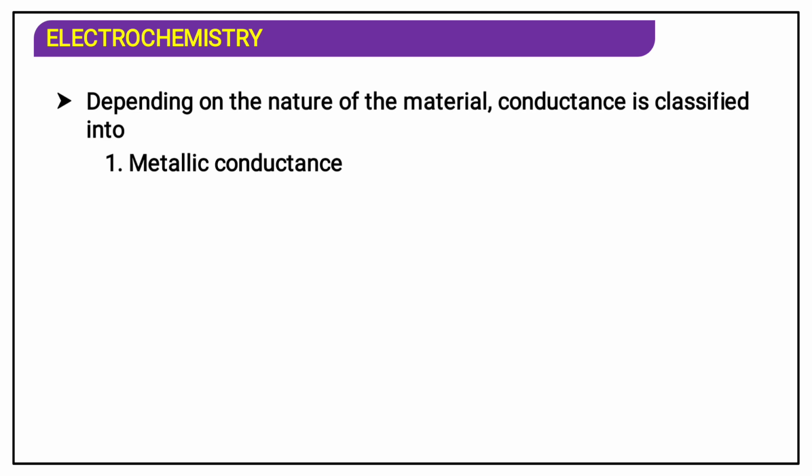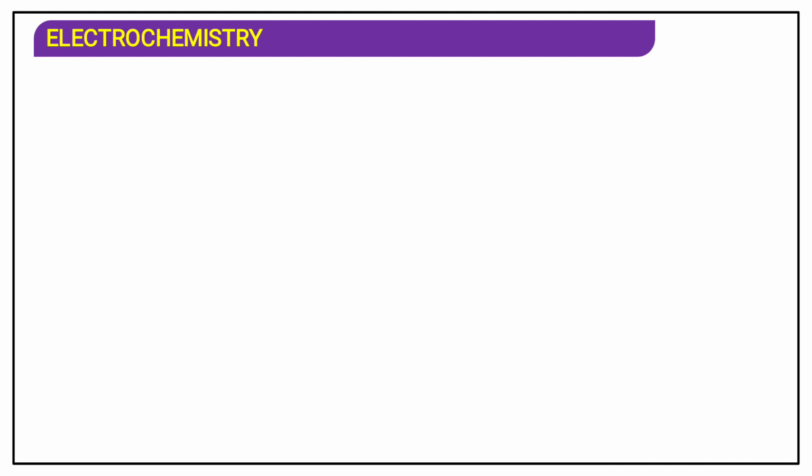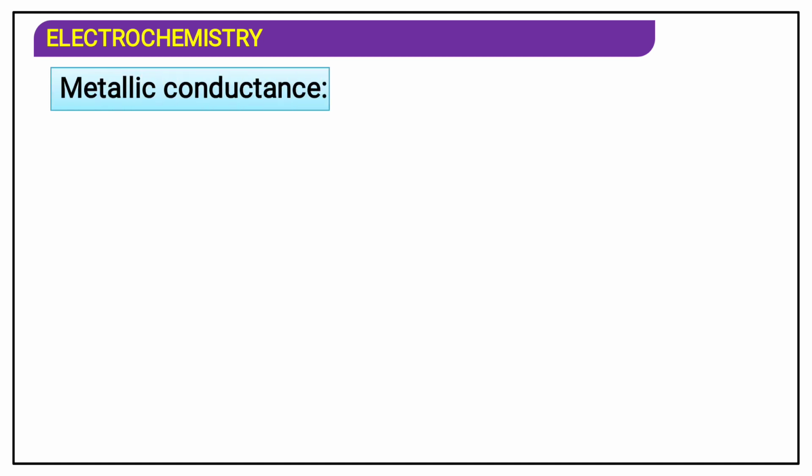One is called metallic conductance, also called electronic conductance, and another one is called electrolytic conductance. These are the two types of conductance. Let us go to metallic conductance.